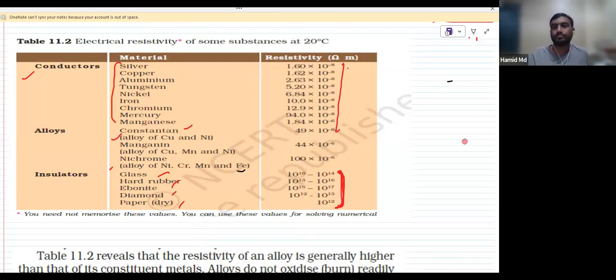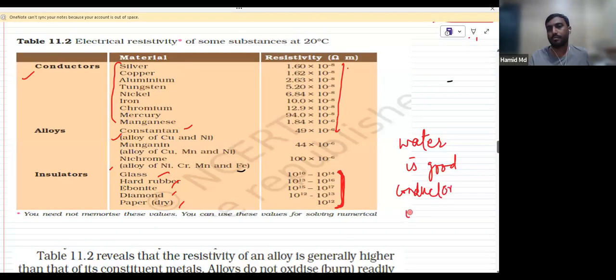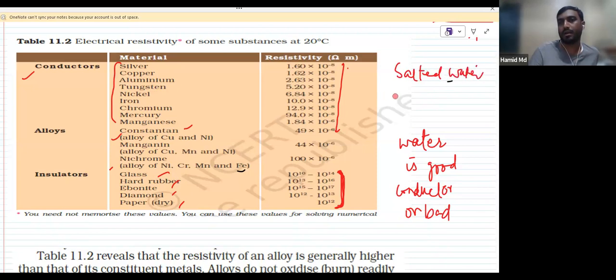What about water? Is water a good conductor or a bad conductor? Jaslyn is saying good conductor. What about Zeba and the others? Good conductor. So there are two types of water: salted water and distilled water.